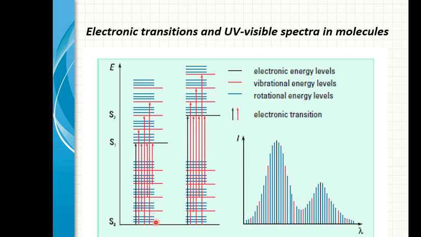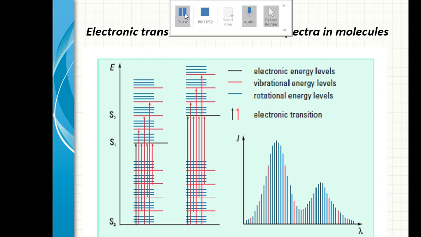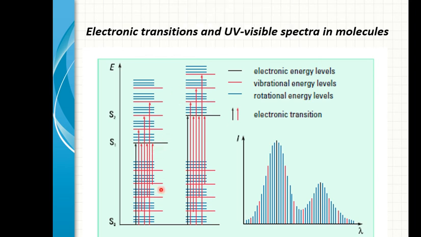The difference between the rotational levels is also small. This is the lower electronic energy, and this is the higher electronic energy. This is vibrational, and the blue is rotational.